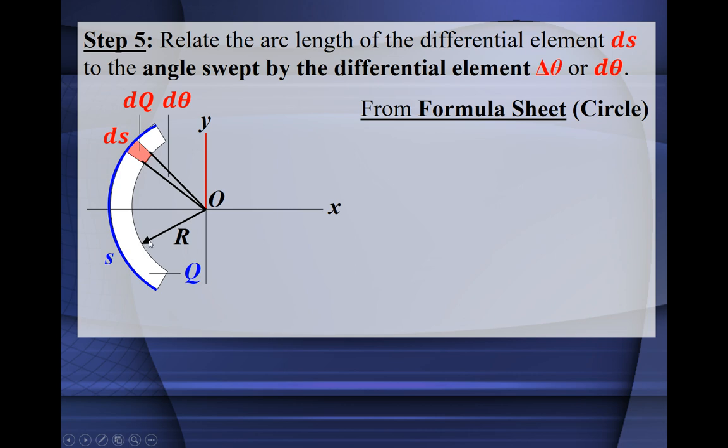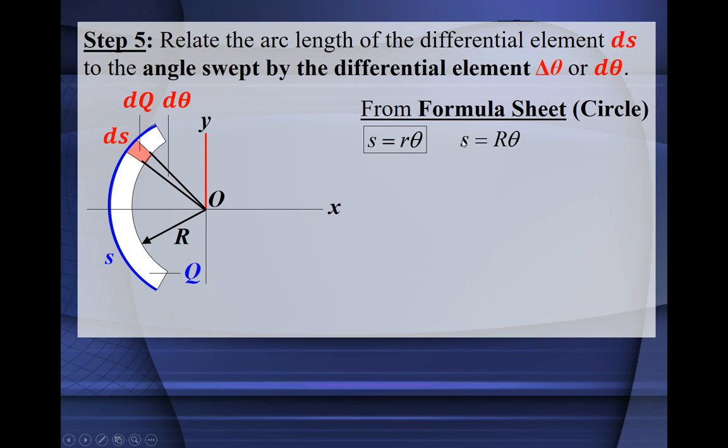So r is just the radius to where the arc of charge is. On the formula sheet, arc length is equal to radius times theta. In this problem, we're representing the radius with capital R as opposed to little r. So we have S is equal to R times theta.